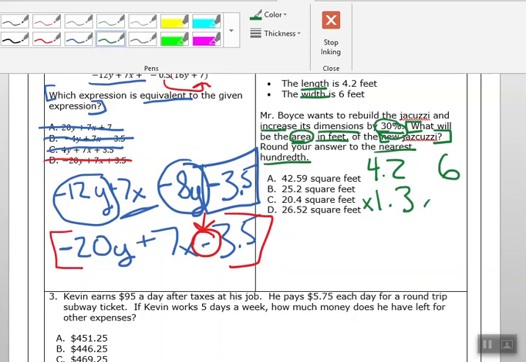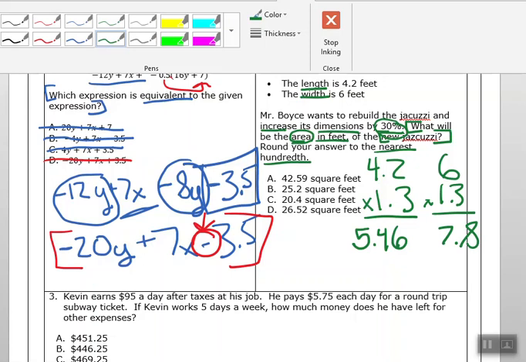This is the classic percent, all right? And when I multiply 4.2 by 1.3, I get 5.46. And when I multiply 6 times 1.3, I get 7.8. And so now I'm left with my area is equal to base times height.